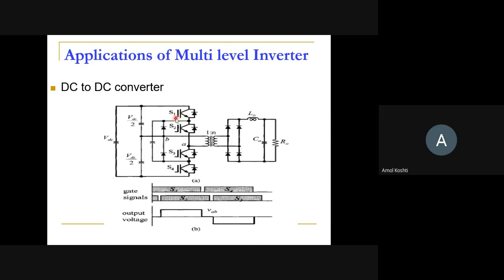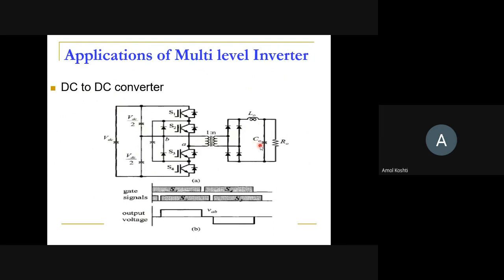Here there is one application. It is used in DC to DC converter circuits. Here we have the inverter circuit where the DC input is given, then the DC is converted into AC. Through a transformer, that AC is given to the rectifier and again it is converted into DC.